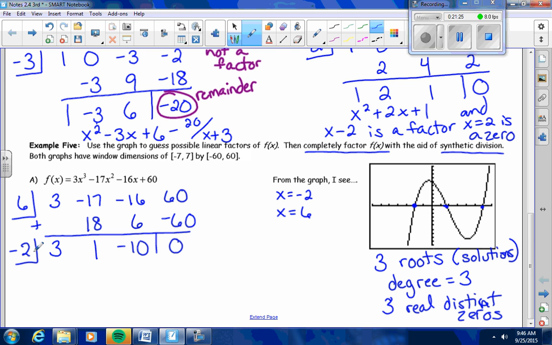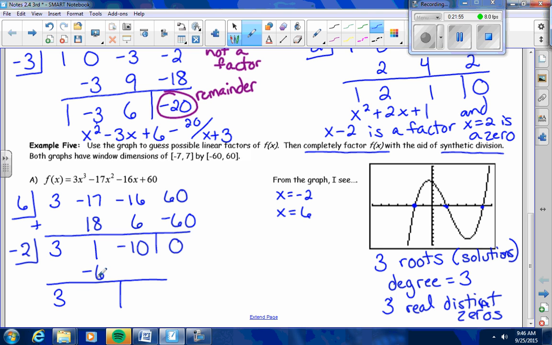Yes. But then I would be using the 6 out front, okay? Even though I have different numbers, the result of this final one will be the same, okay? All right, so I'm going to draw my line. And we're not going to do anything with that 0 on the end, because that was the remainder, so we're done with that. Drop down the 3. 3 times negative 2.